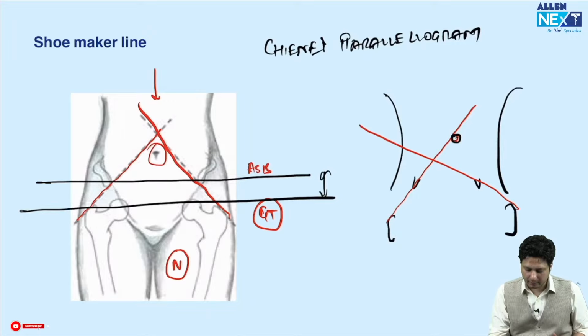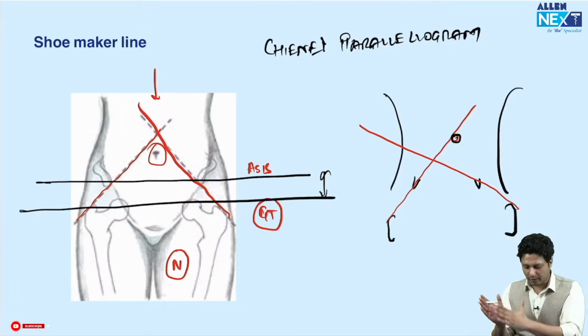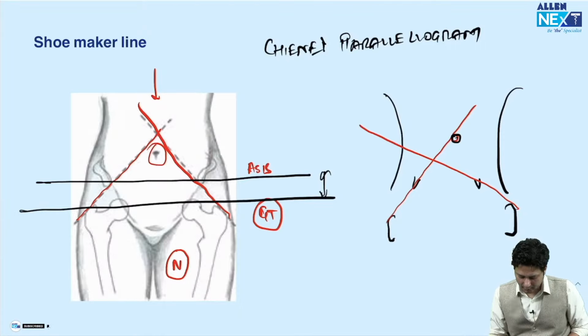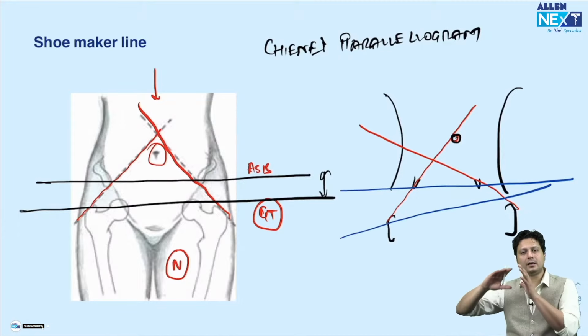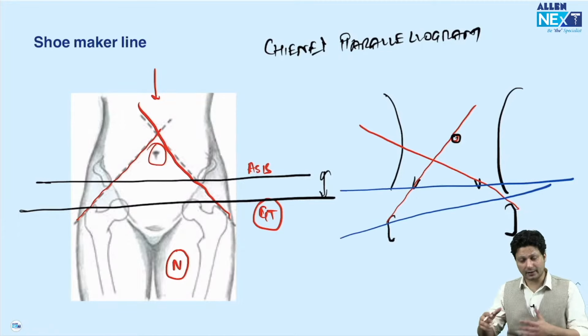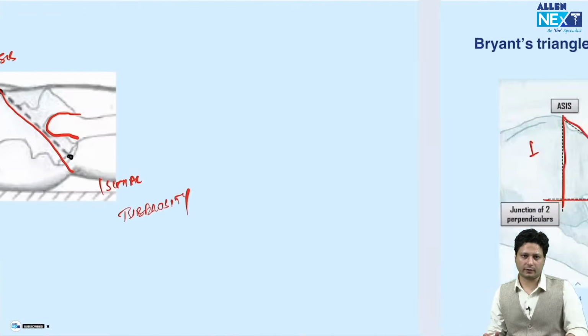Both these two have to be parallel in a normal individual. But in case one patient is having a supratrochanteric shortening, then these two lines will converge at the supratrochanteric site where there is a shortening. All right. So, this is another way of knowing about the supratrochanteric shortenings in the femur.